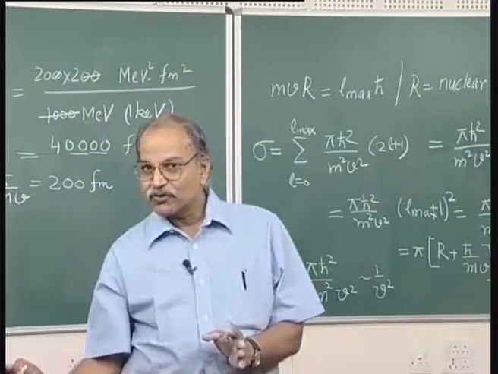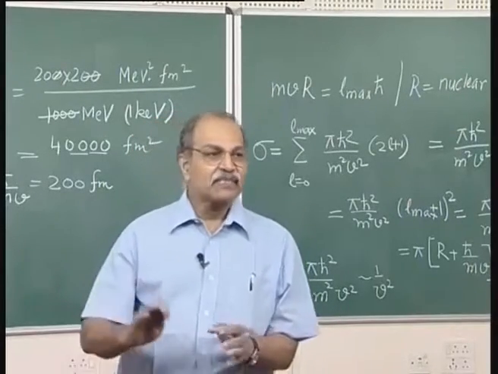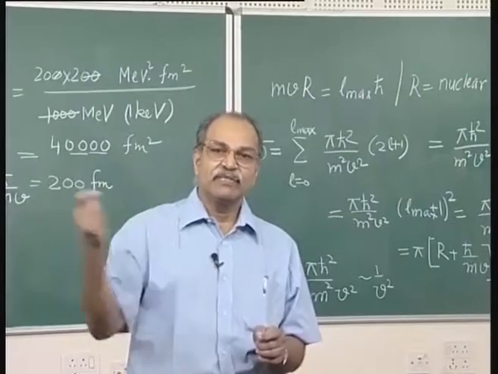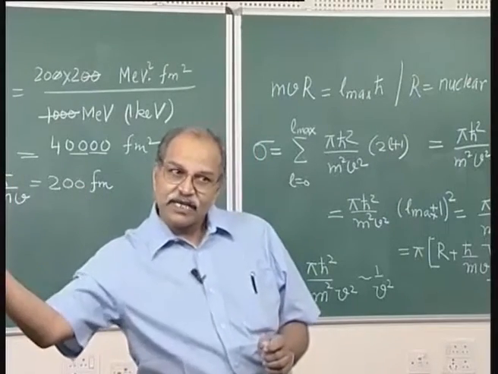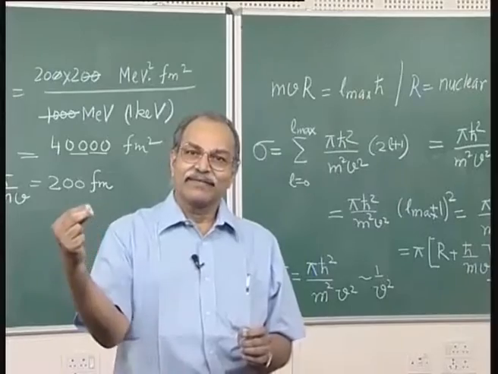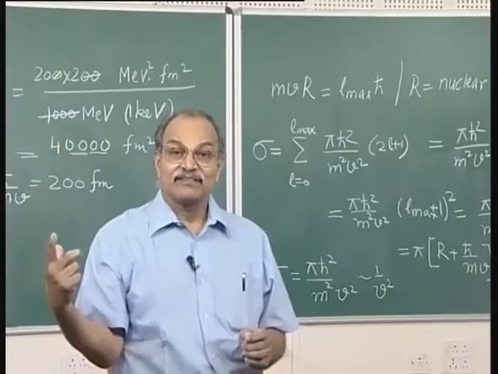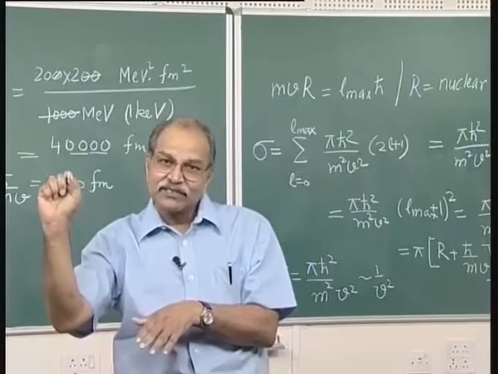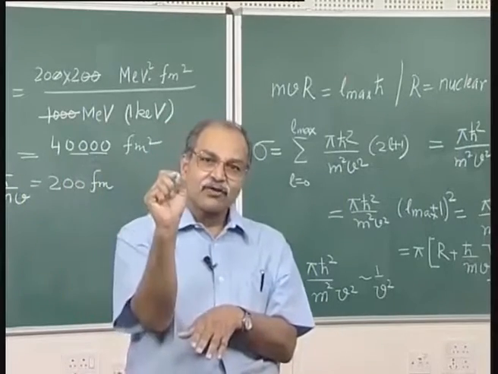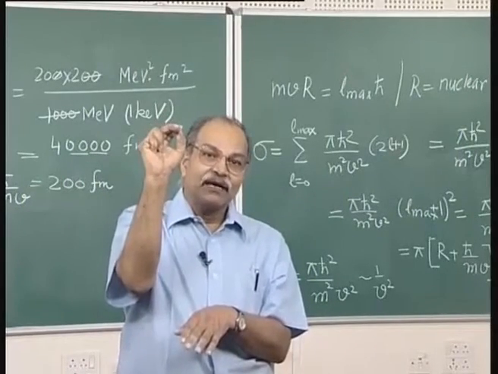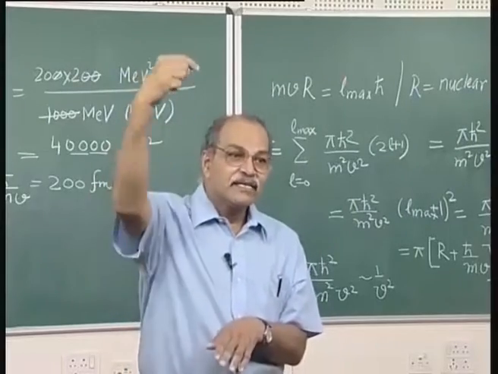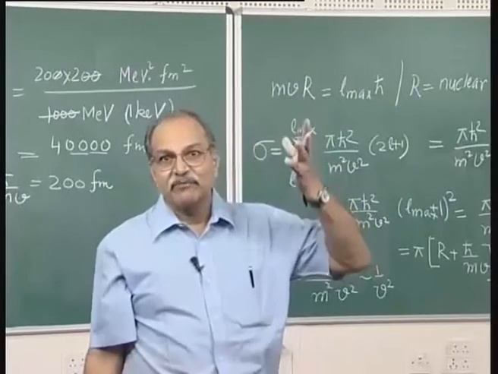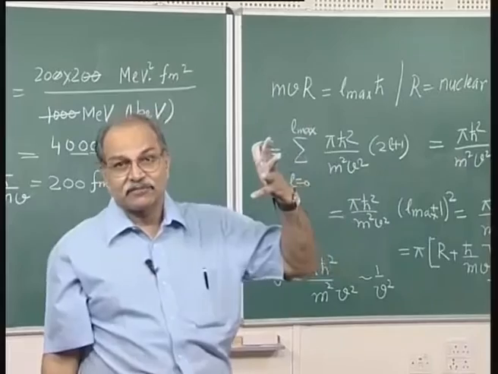This line of argument is also okay, but what happens at low energies is that the Y nucleus which is coming with this low energy is not just a very small point particle, it has its own de Broglie wavelength, and that de Broglie wavelength is large. So, even though the center of that Y nucleus could be beyond capital R, because of the spread in de Broglie wave, it will interact with the nucleus and the cross section will become larger. So, that is the physical picture.